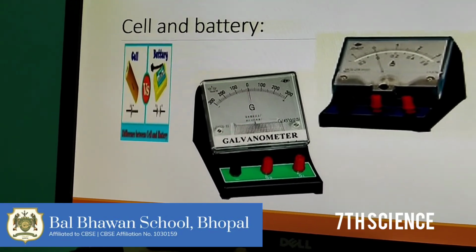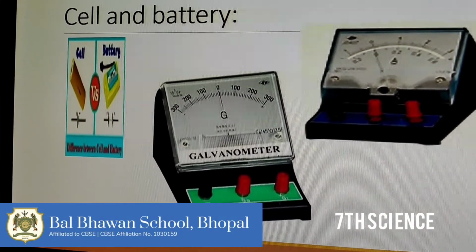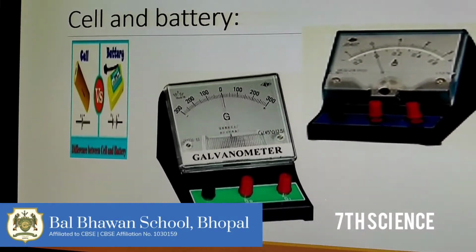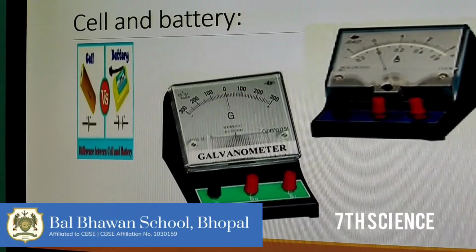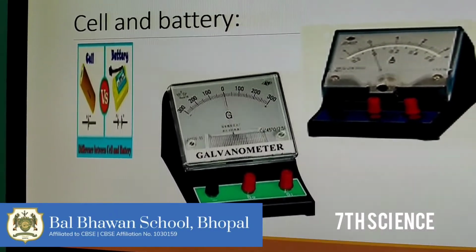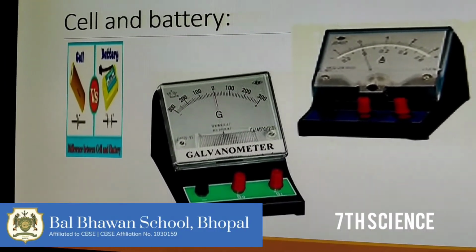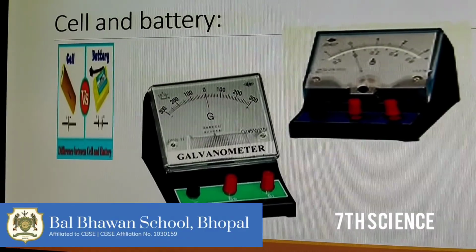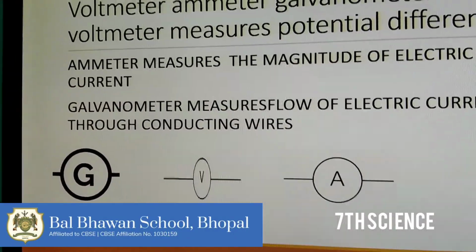Galvanometer is basically a device with which we can find out whether the current is flowing through our circuit or not. The needle in the galvanometer starts showing deflection when the current flows through the circuit. Another device, ammeter, is used to find out the magnitude of electric current flowing through the circuit.